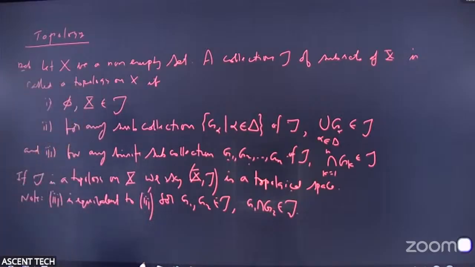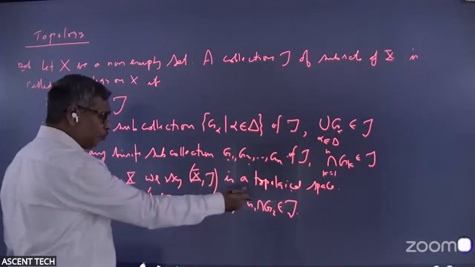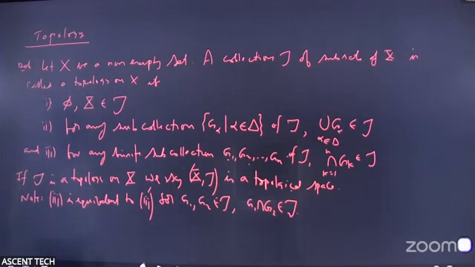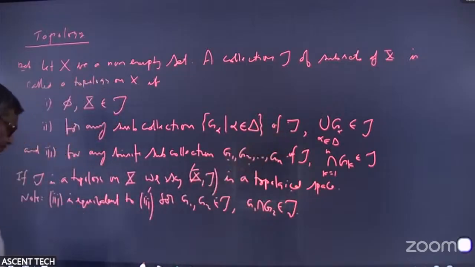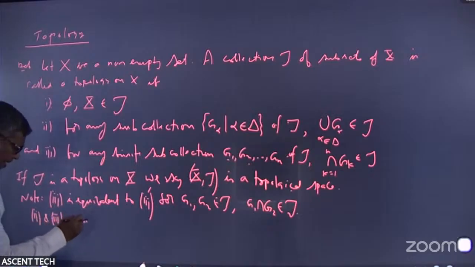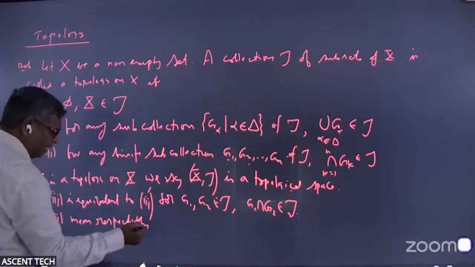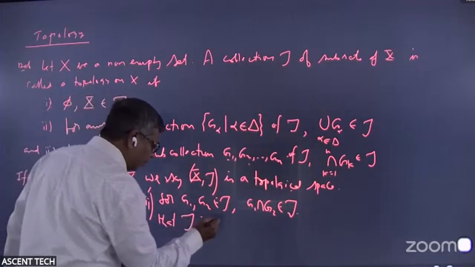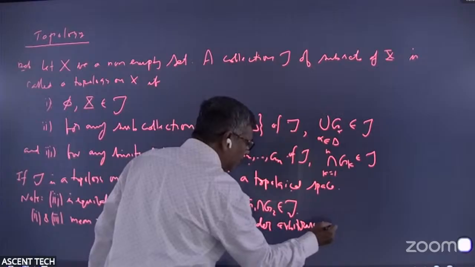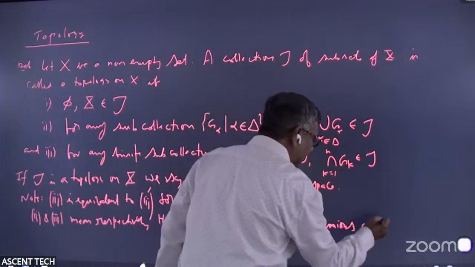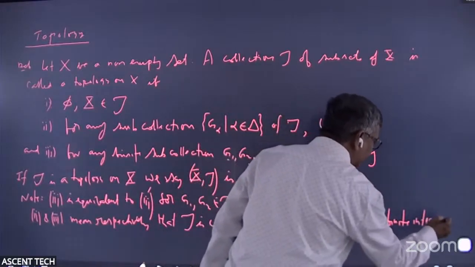If you show the intersection of any two things in T is again in T, then you can prove by mathematical induction that any finitely many given in T have their intersection also in T. Not only that, these two conditions, 2 and 3, are respectively said to mean that T is closed under arbitrary unions and finite intersections.